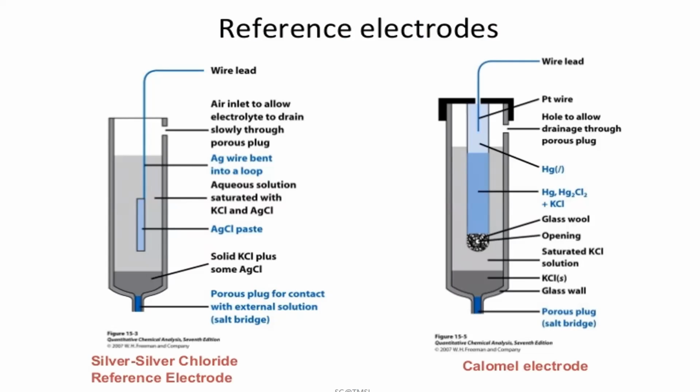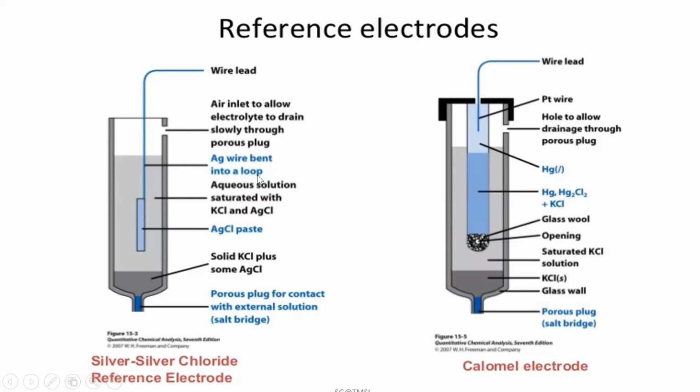Now, by placing the calomel side of the interface in a potassium chloride solution, an electrolytic bridge is formed to the sample solution from which the measurement is to be made, just like in the case of silver chloride.